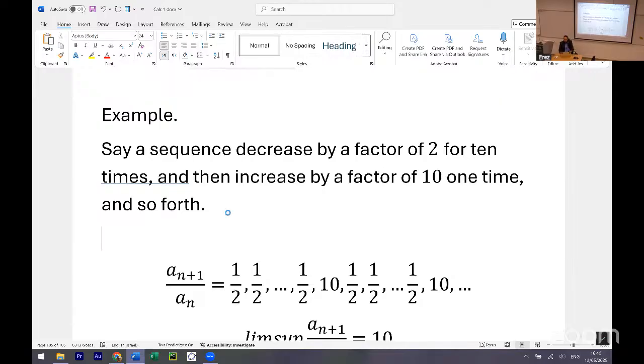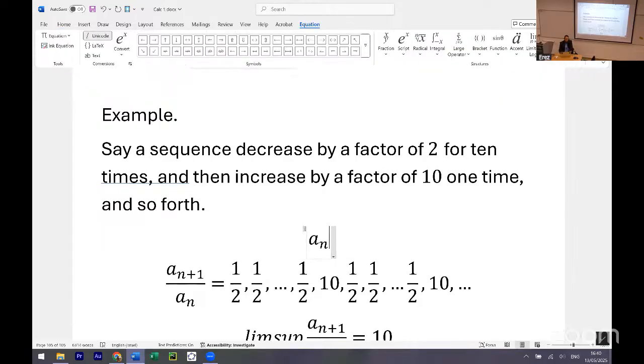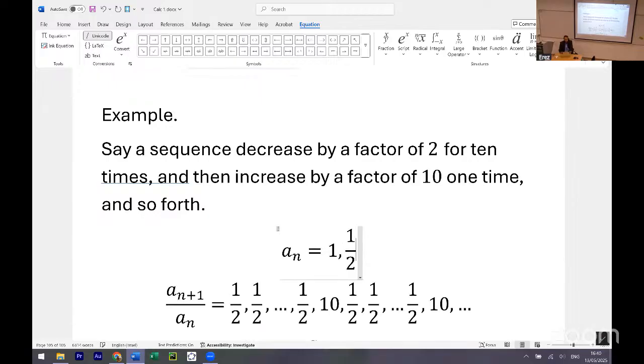The original sequence would be, let's say the first element is 1, okay? Then the next is a half, then a fourth, and so on until 256. No, let's say 1024.